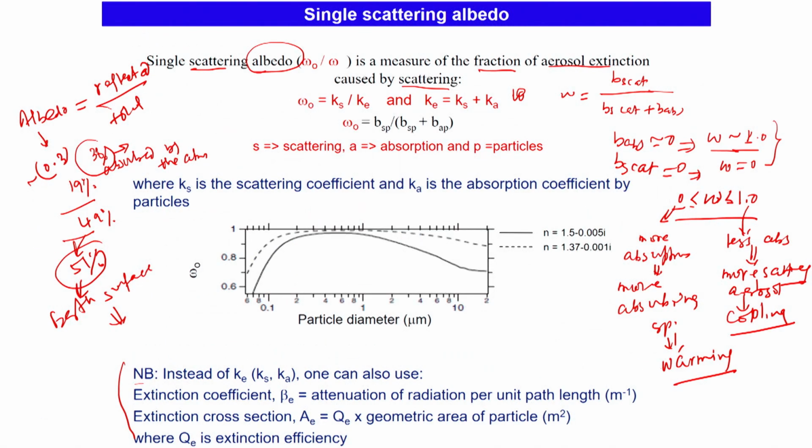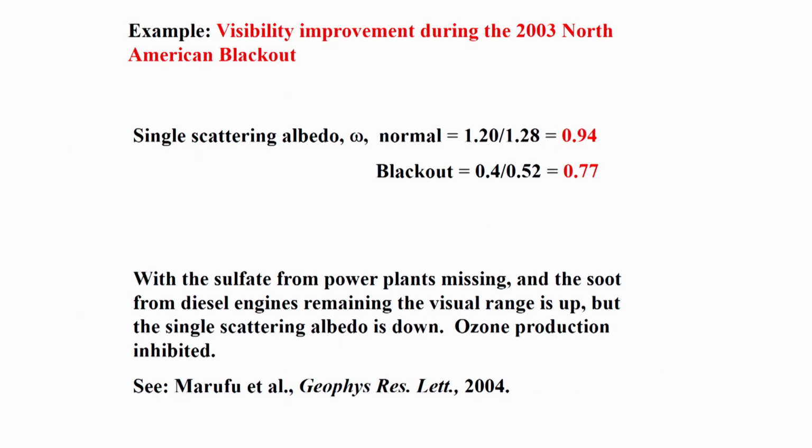So you had 1.2, which is scattering, and 1.2 plus 0.08, and of course the 10 to the power minus 4 is in both the numerator and denominator, so it cancels out, and we are left with 1.2 divided by 1.28, which is 0.94.